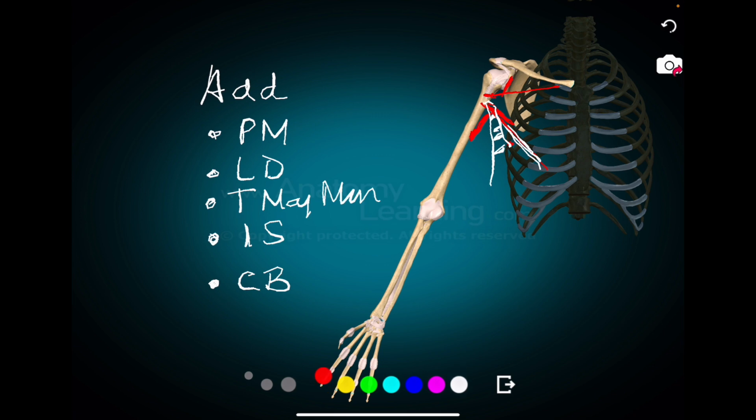This coracobrachialis sometimes has a foramen here, and there is the projection of the humerus at this point called the humeral spur, and the insertion of the muscle can convert into a ligament which connects it to the medial epicondyle. Now it has become like the adductor magnus, and this ligament is called the ligament of Struthers.